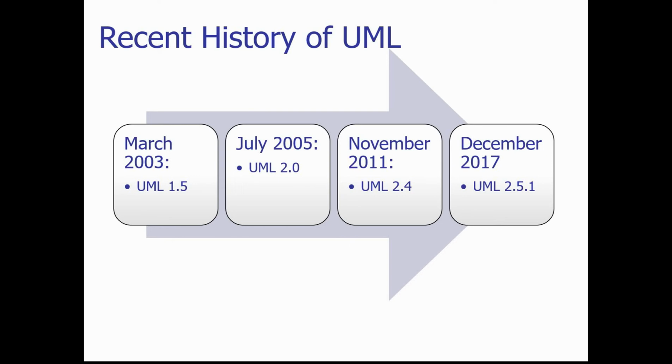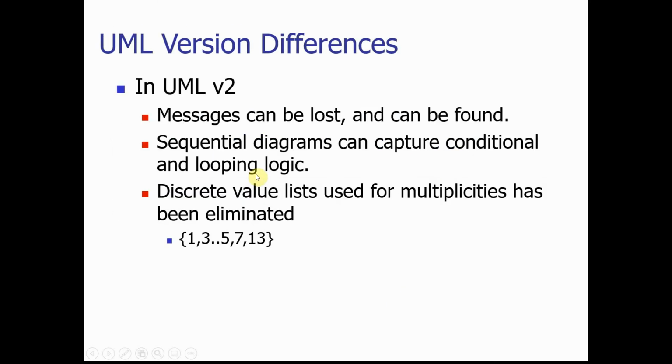So after that, the upgrades of UML became slow: 2011 UML 2.4, and 6 years later UML 2.5.1. Each version has some updates, but not as significant as from 1 to 2.